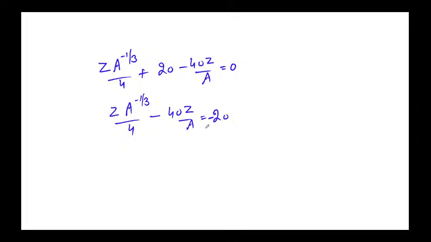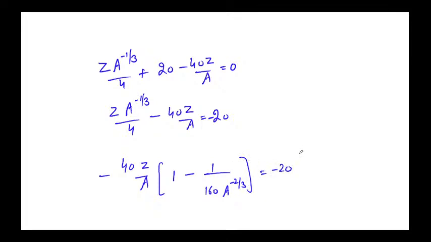So this becomes 40 Z over A, if I take it as constant, so that is 1 minus 1 over 160 A to the power minus 2 by 3, that is equal to minus 20.